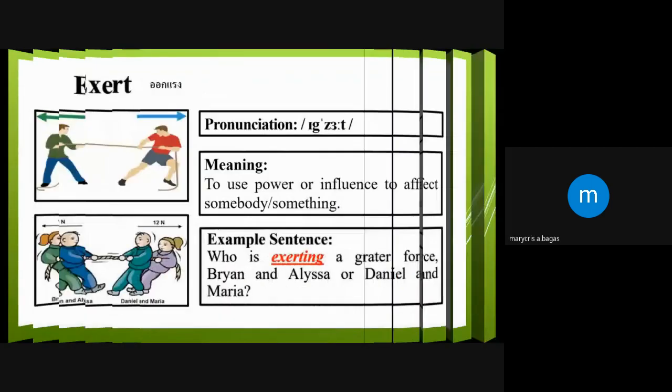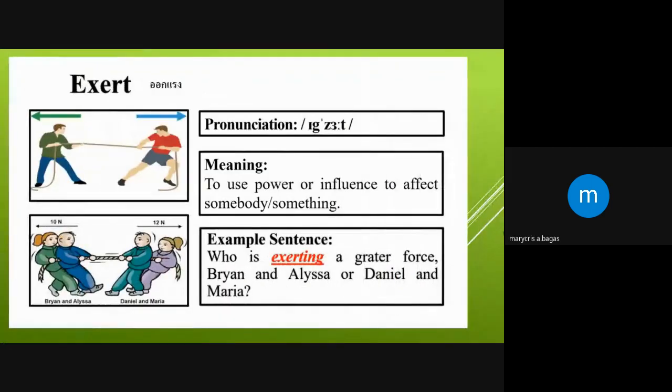So next, exert. Let's spell exert. E X E R T. Example sentence. Who is exerting a greater force? Brian and Alyssa or Daniel and Maria?